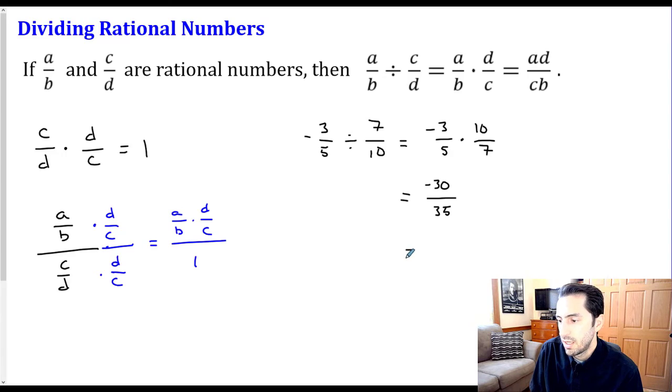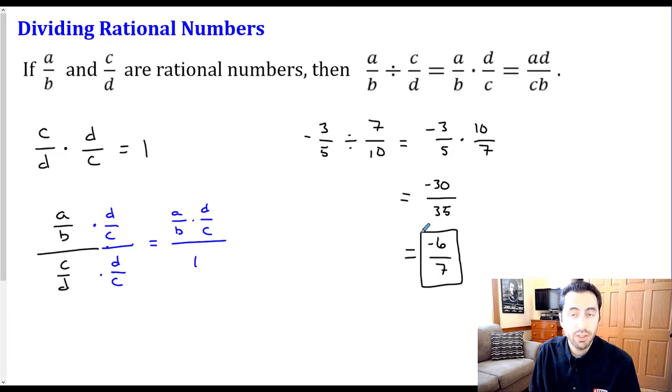So 30 and 35, those both have a common factor of 5 in them. So I can divide that out. If I divide 5 out of 30, we end up with negative 6. And if I divide 5 out of 35, we get 7. So here's our final answer.